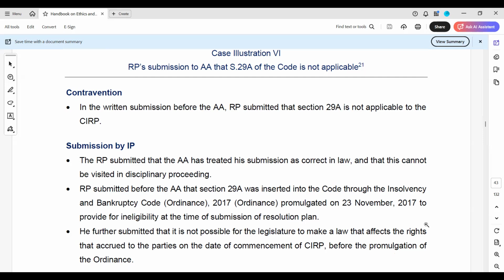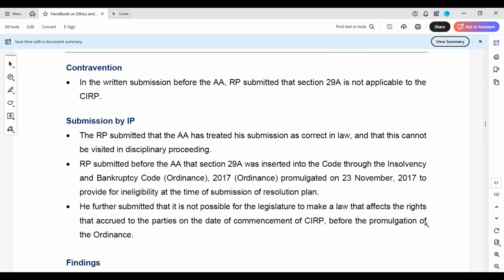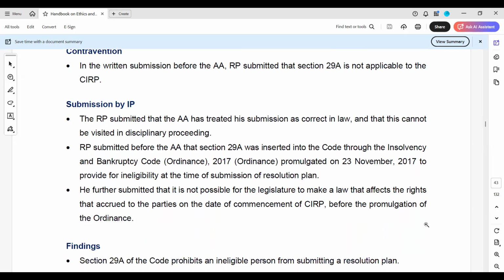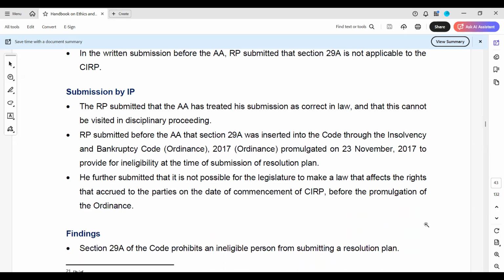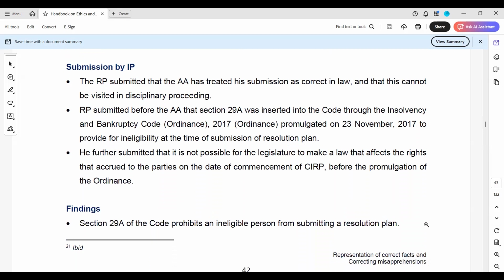RP submitted before the AA that section 29A was inserted through this amendment, and he further submitted that it is not possible for the legislature to make a law that affects the rights that accrue to the parties on the date of commencement of the CIRP before the promulgation of the ordinance.